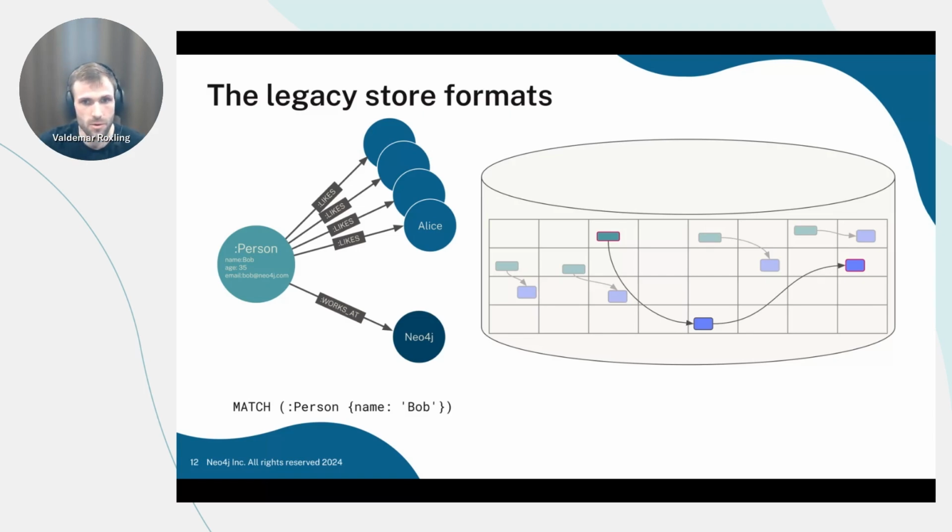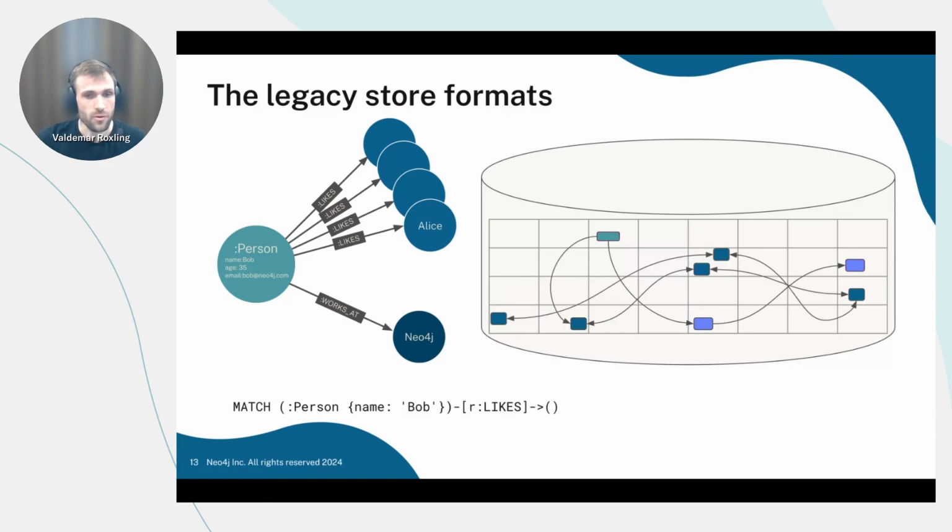So there is some extra reading to be done, of course. If we're then interested in the relationships to Bob that are of the type likes, we'll have to go into the relationship store and follow this linked list and find and filter on all the specific relationships we're looking for. So there's even more reading here.